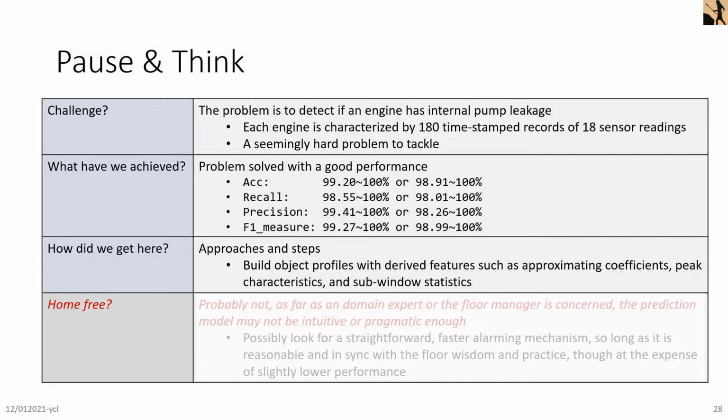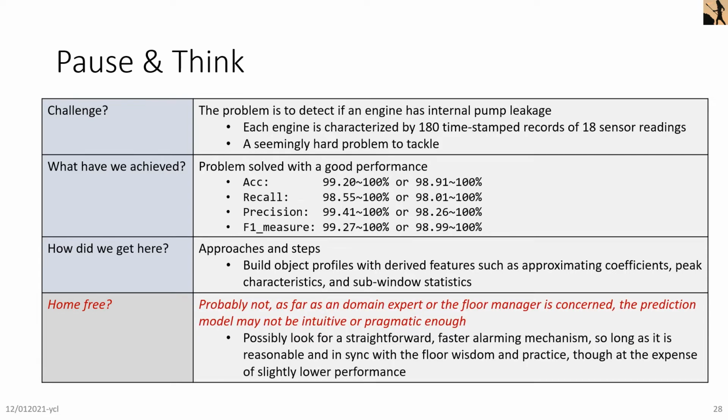So are we home free? Are we done? Probably not, okay? As far as the domain expert or the flow manager is concerned, the prediction model may not be intuitive or pragmatic enough. You have heard similar things when people are asked to adopt a deep learning model or a gradient boosted tree model.